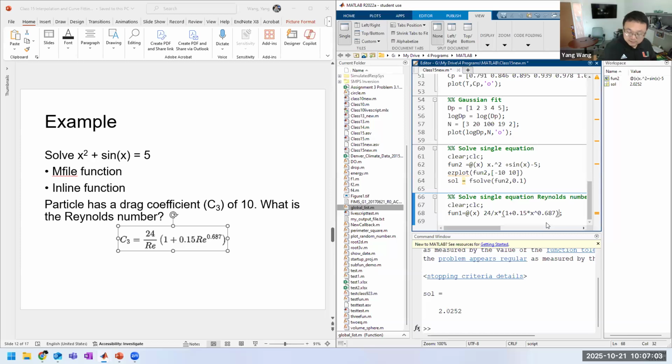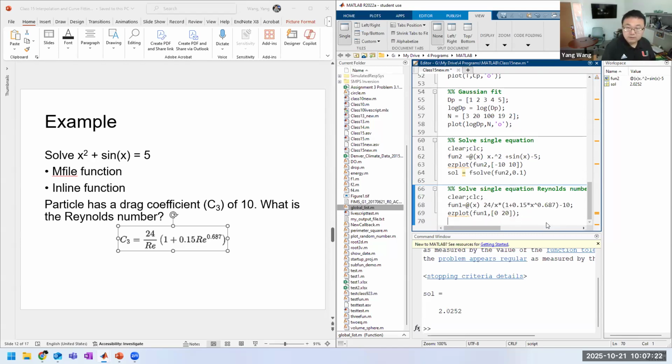And then we said that it has a value of 10, so minus 10. And then let's do ezplot function 1. Reynolds number has to be larger than 0, right? So let's make it 0 to 20. Okay, and let's solve. Function 1. Let's give it a starting point of 10.